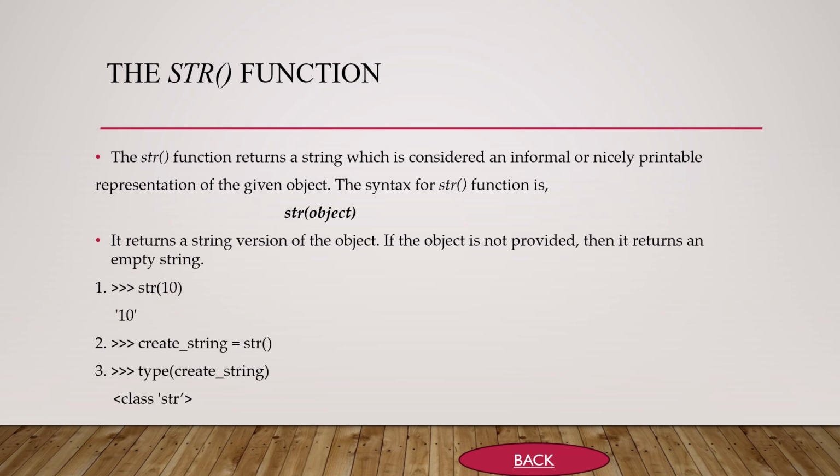In the given example, str of 10, even though it is a numeric value, will be converted into the string value 10. An empty string can also be created like this, and when we get the type of that particular string, it is indicated as class str.